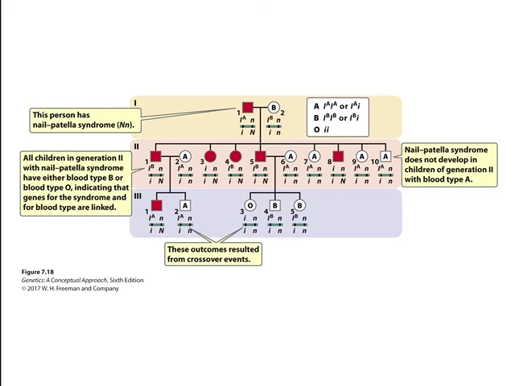To determine the probability that genes are actually linked, we often calculate the lod score. To obtain a lod score, we calculate the probability of obtaining the observed result under the assumption that the genes are linked with a specified degree of recombination, and the probability of obtaining the observed results under the assumption of independent assortment.